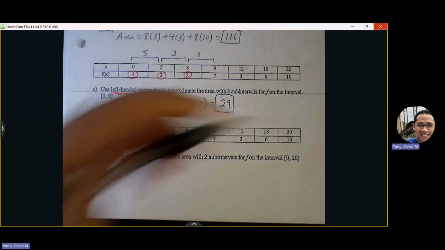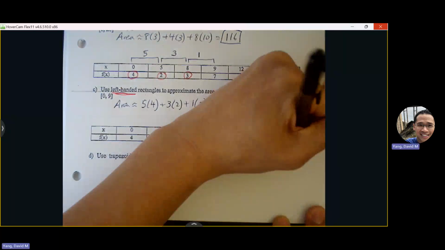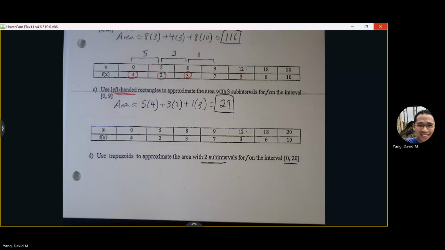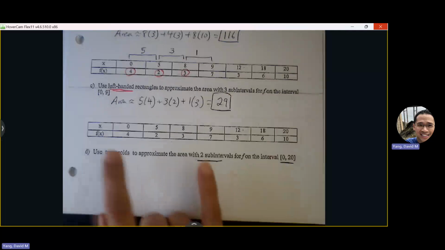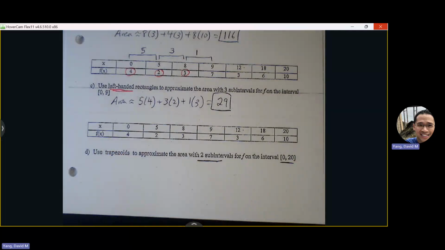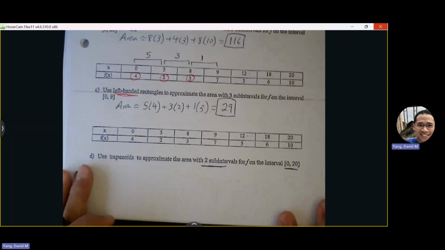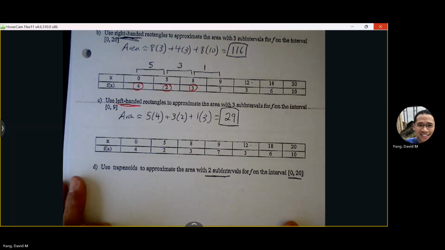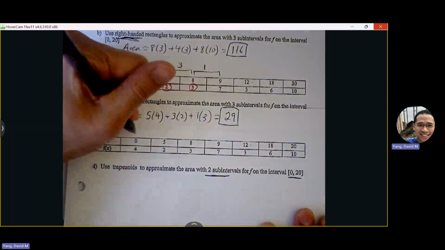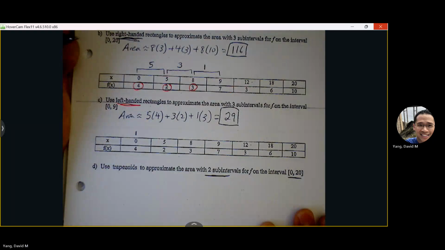Okay, part D, trapezoids. We're doing 2 trapezoids spanning from 0 to 20. So how can we split this up so that each subinterval can see the same number of ordered pairs? First subinterval is from 0 to what? 9, okay.